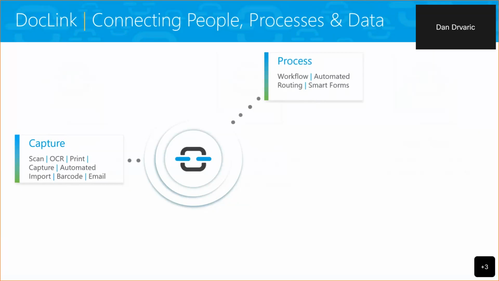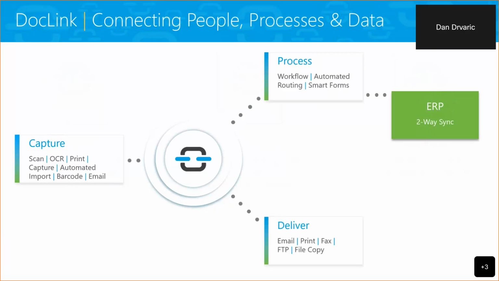Once they're in the repository, we can begin to work with them through the two-way integration that we have with Sage ERP. We can begin the workflow and set up an automated routing so that it's very easy to process those invoices, get them approved, get them back, and have the batch created in Sage 300 for you with very limited data entry.